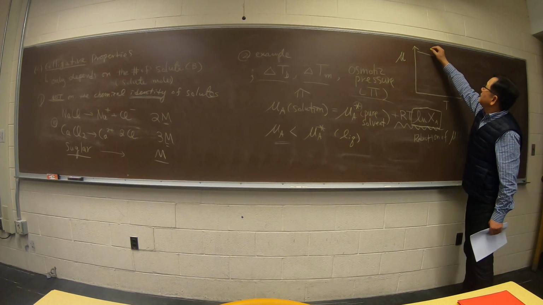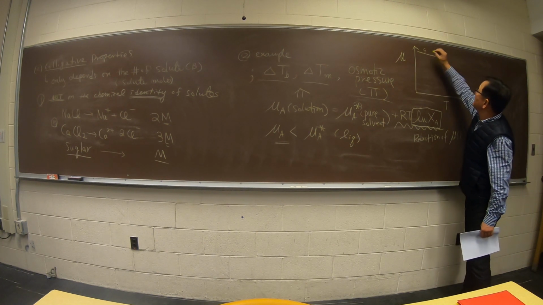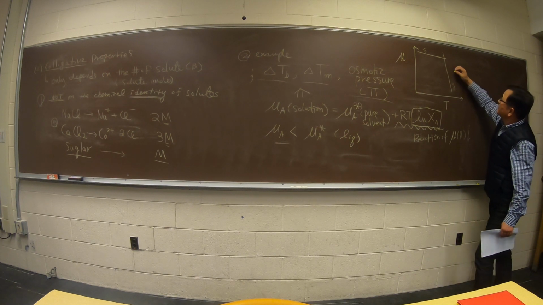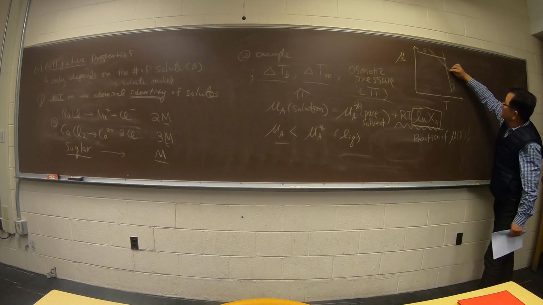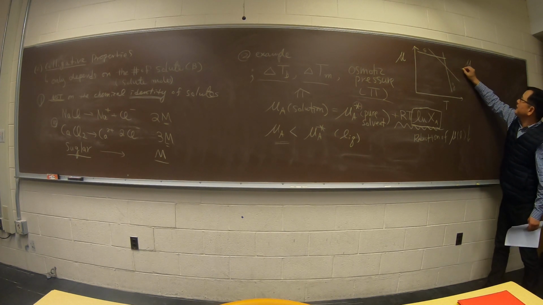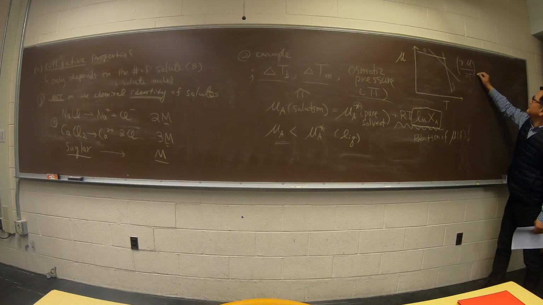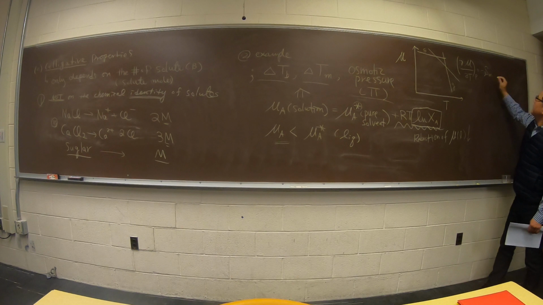So this is a solid, this is a gas, and I told you that the liquid has an intermediate slope. Remember, I'll write it one more time. So this equation for a given pressure is minus Sm, right?